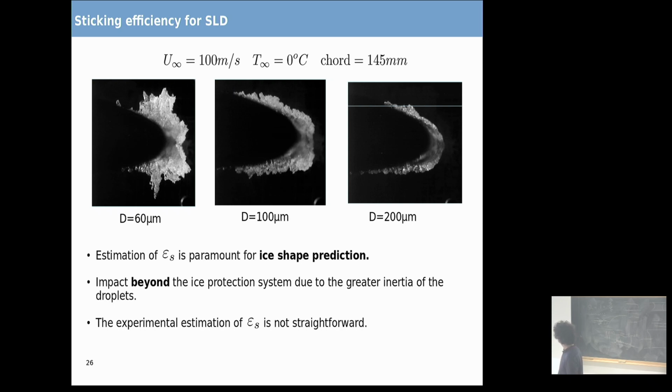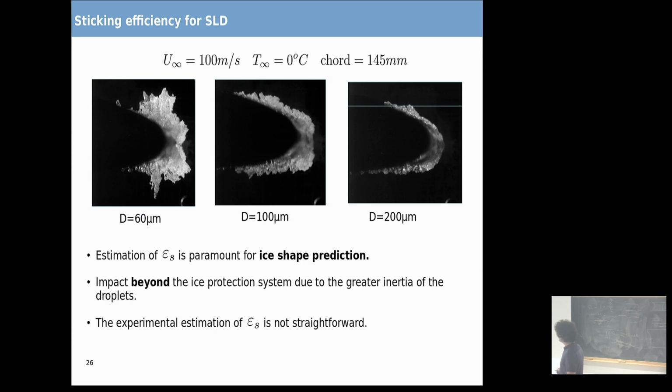For quite larger diameters, this is no longer the case. A lot of liquid droplets have been re-emitted downwind. Second, the impact is beyond the ice protection system, because of the greater inertia of the droplets and their Stokes number, which takes them beyond the protected area.